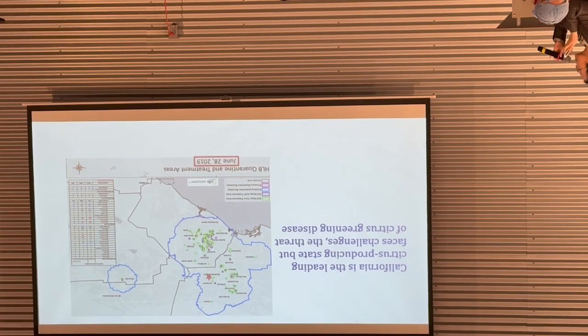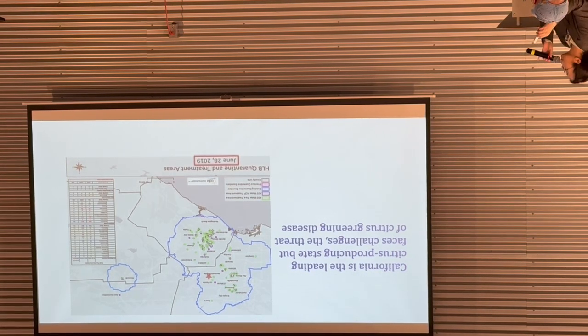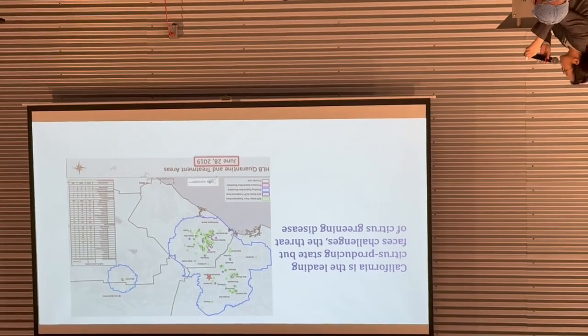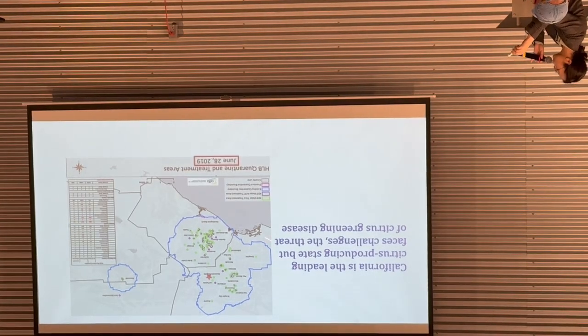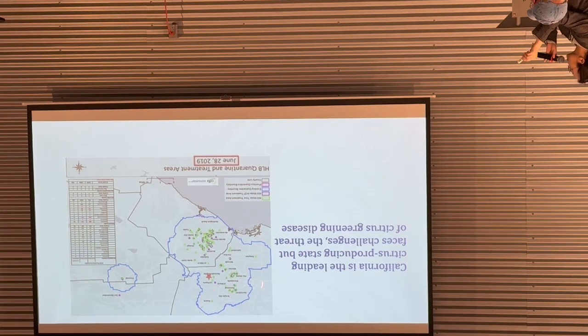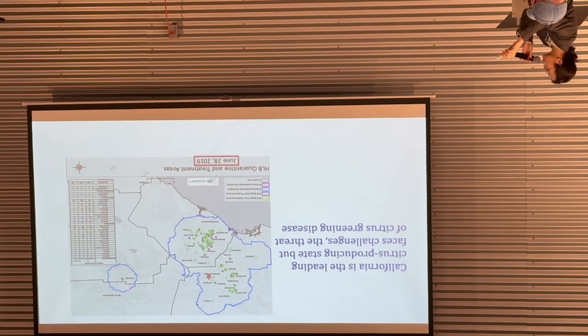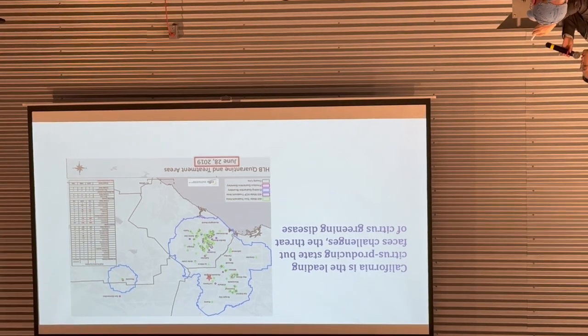And by 2019, you can see, 7 years after they removed the first tree and 100 trees around that region, this is a detection map and quarantine boundary of the disease for 2019. As you see, positive trees, the boundary area, and Riverside, that's where I was working.